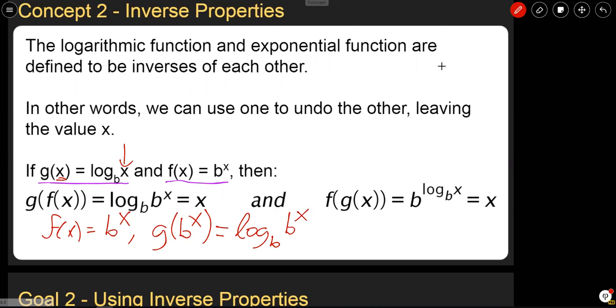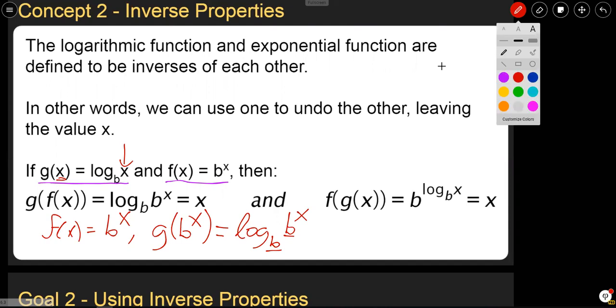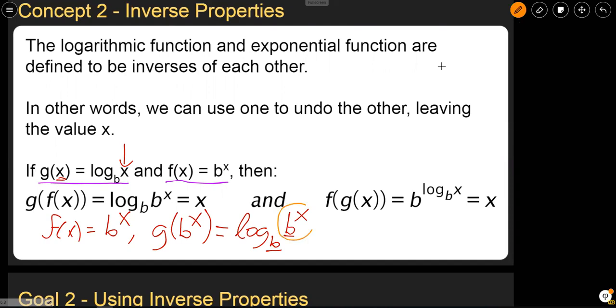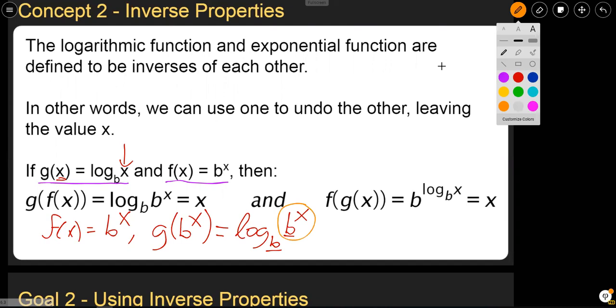Well, the nice thing about this is if these bases match, if the base is used in the y value of our logarithm, remember this value here, this b to the x is typically our y value when we're thinking about a standard logarithm. Let me write that above here.